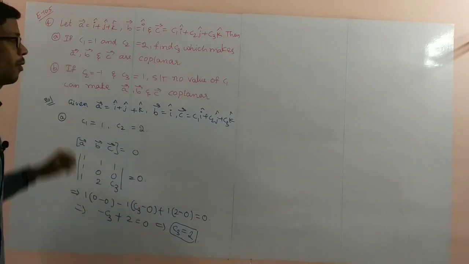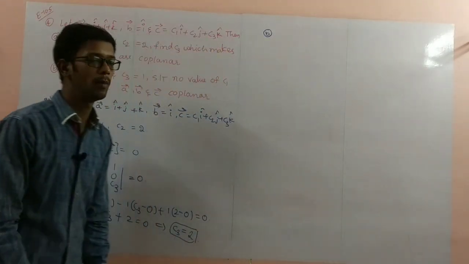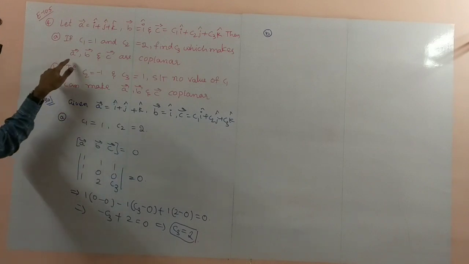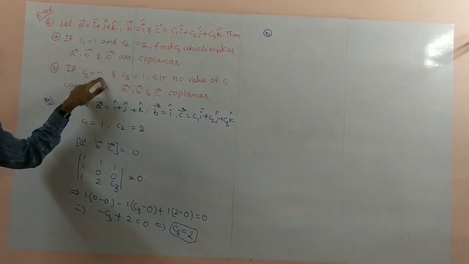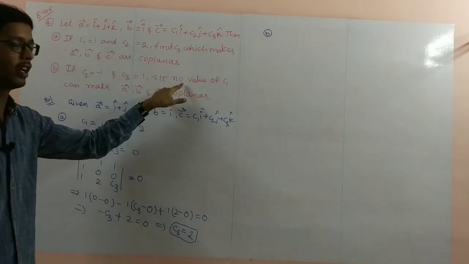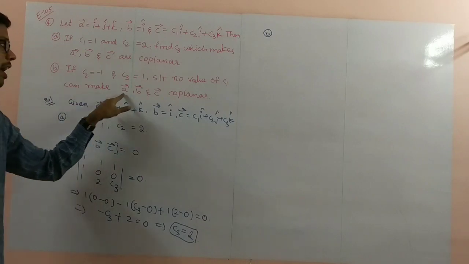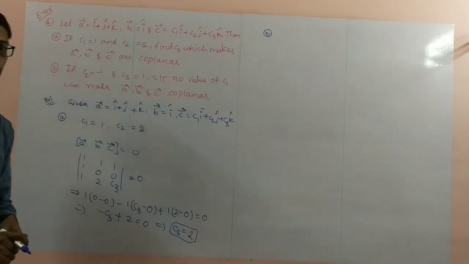Next, a similar problem, problem number B. C2 equal to minus 1, C3 equal to 1. Then show that no value of C1 makes A bar, B bar, C bar coplanar.